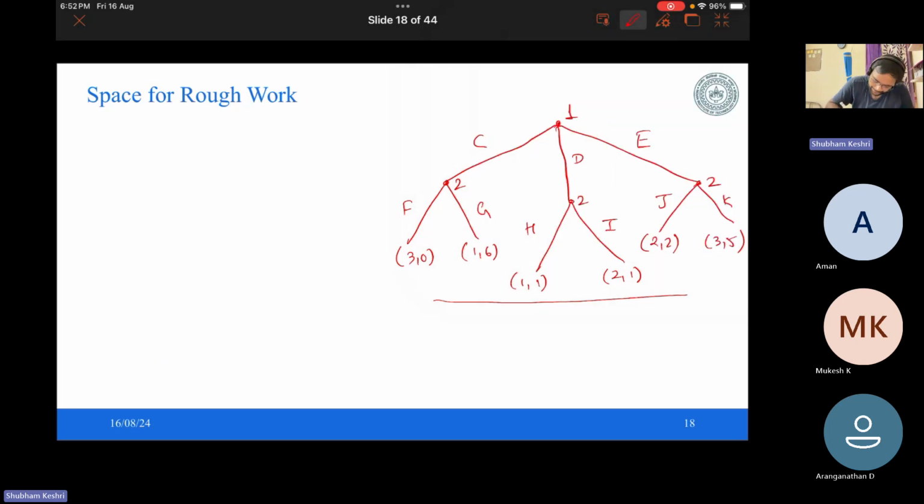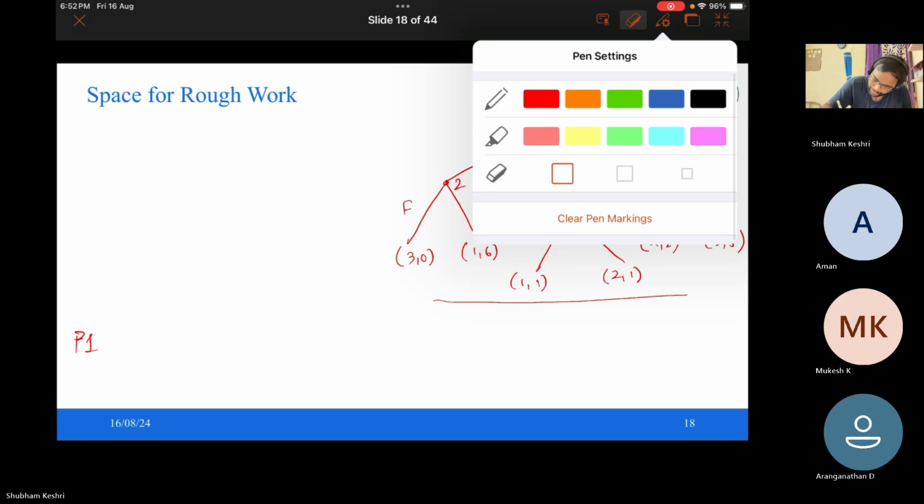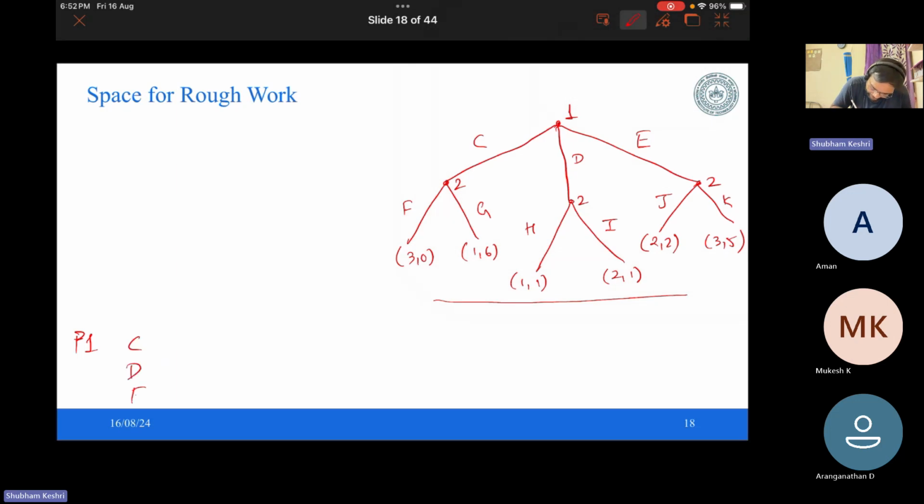Player 1 has 3 strategies, C, D and E. And player 2 has 8 strategies.